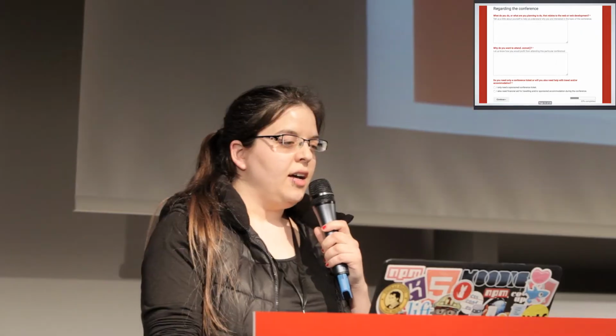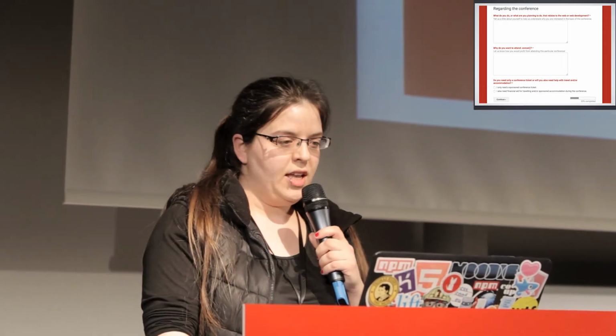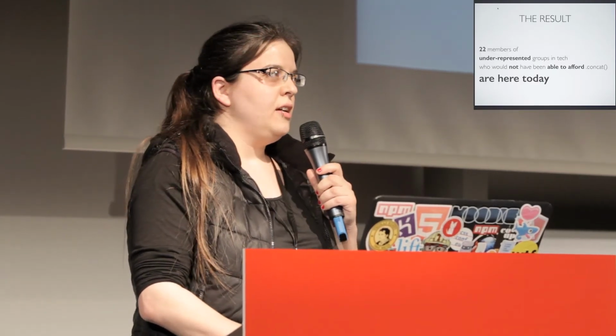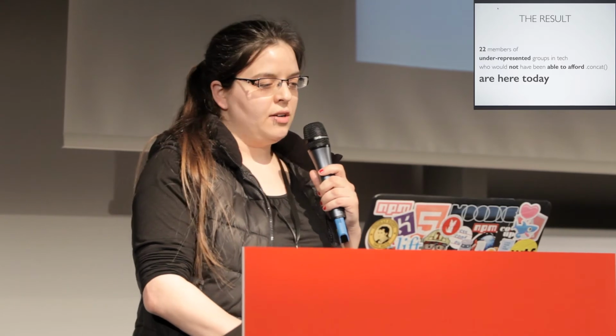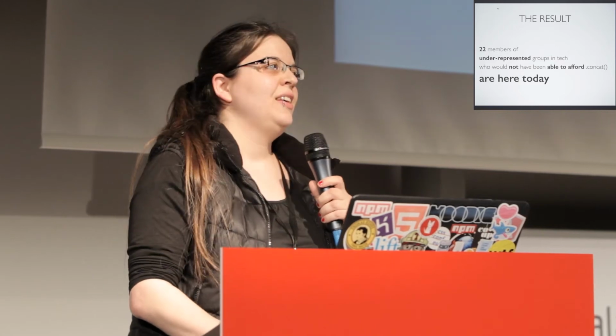That was making forms on the one hand, then also evaluating all applications, which I won't show to you here, and emailing a lot. I counted 233 emails in my inbox alone. The result is that there are 22 members of underrepresented groups in tech here today who could not otherwise have afforded coming here.